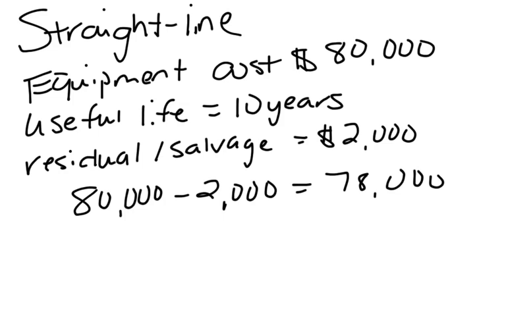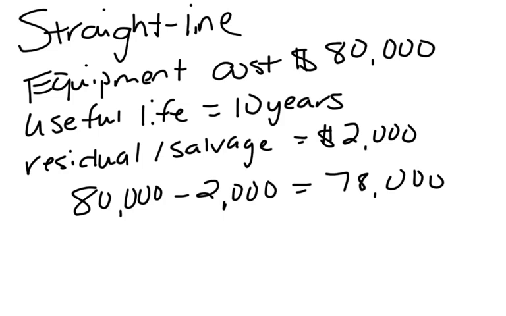But this is also something that we term. We call that depreciable value. And that means that I can only depreciate a maximum of $78,000. You're not going to depreciate $80,000 because I've set a residual or a salvage value at $2,000, so I can't go below that point. We have to stop there. So we can depreciate up to $78,000 total dollars.